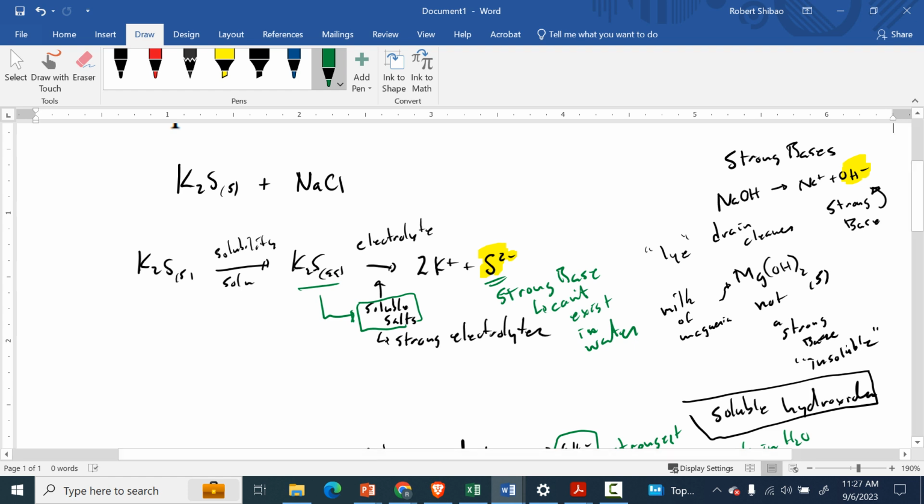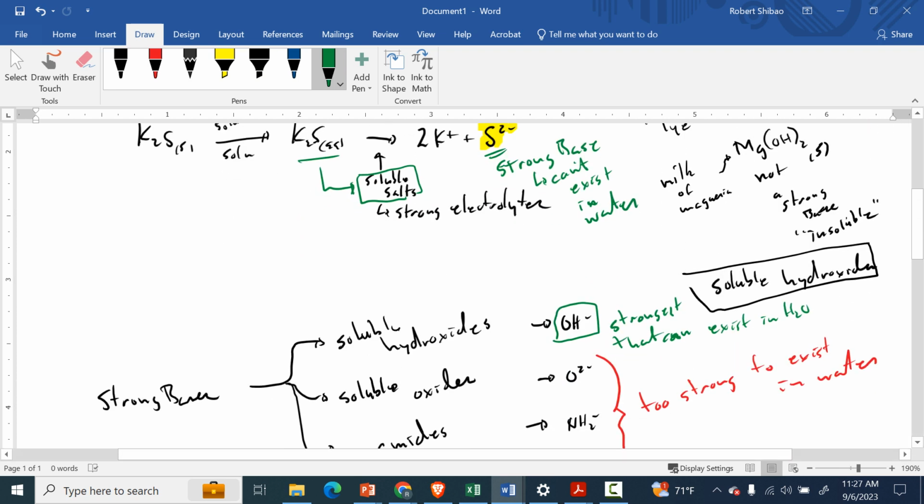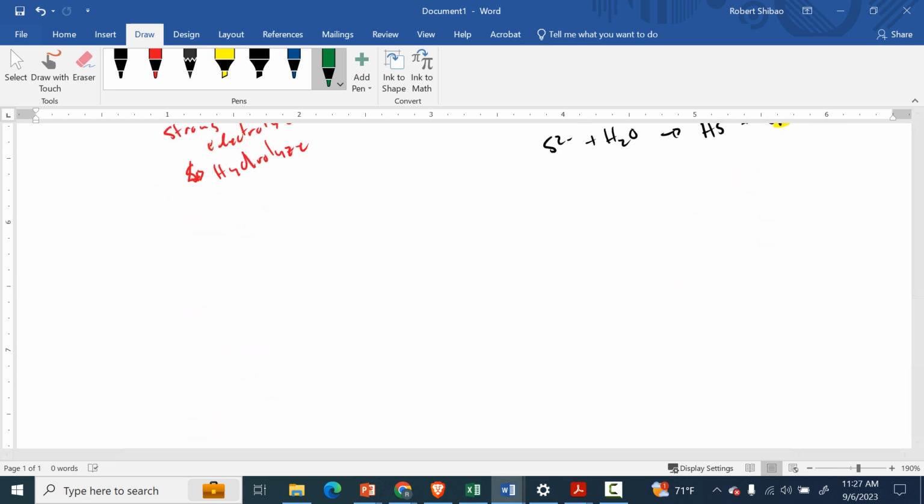And so the first thing I immediately see is that this is not going to stay sulfide. It's going to be converted into bisulfide and hydroxide. Let me write that down here.